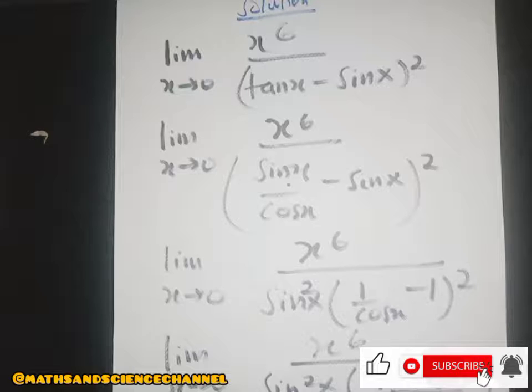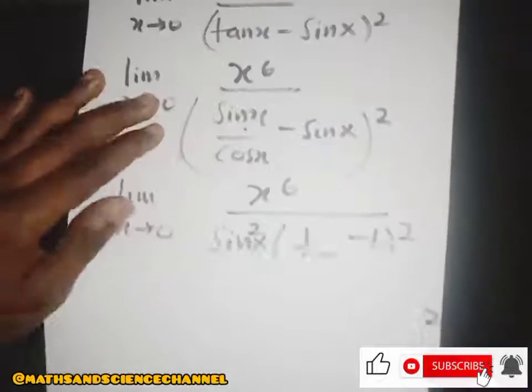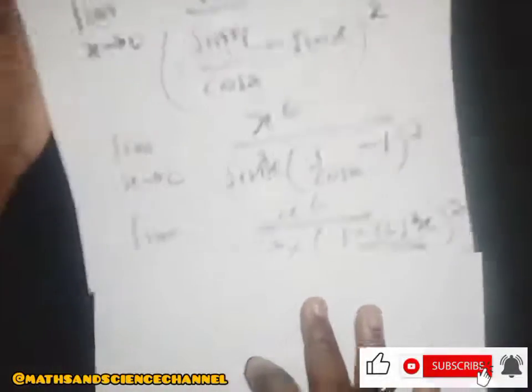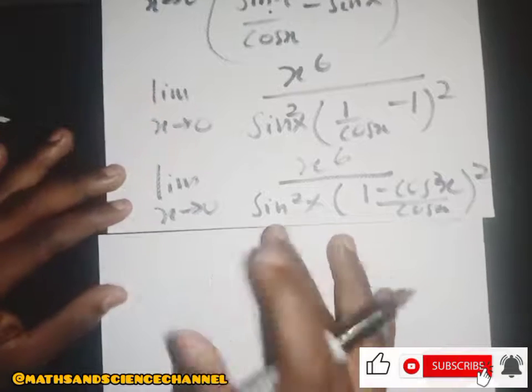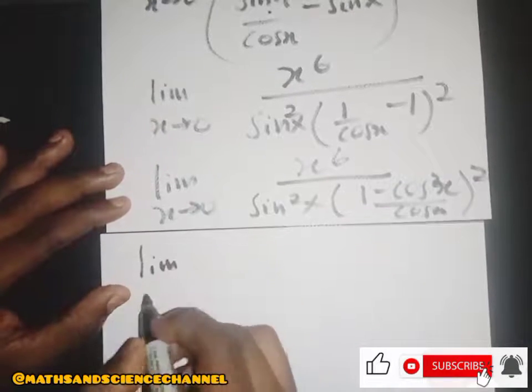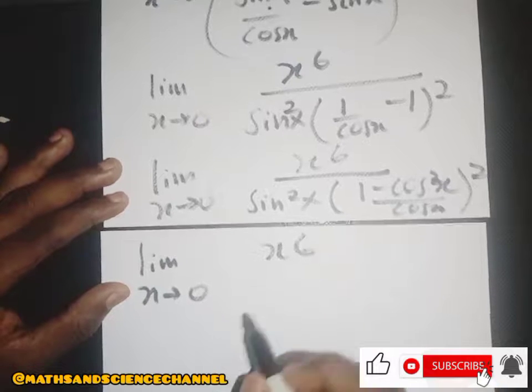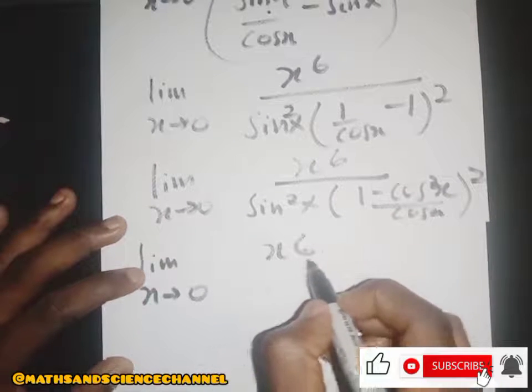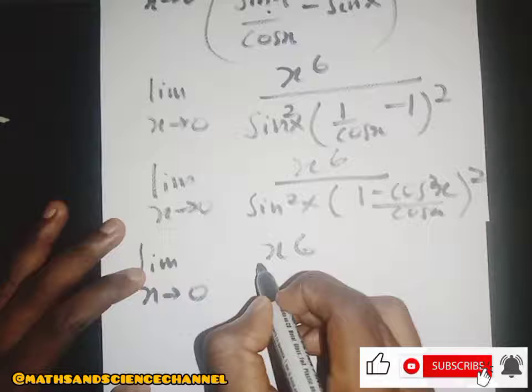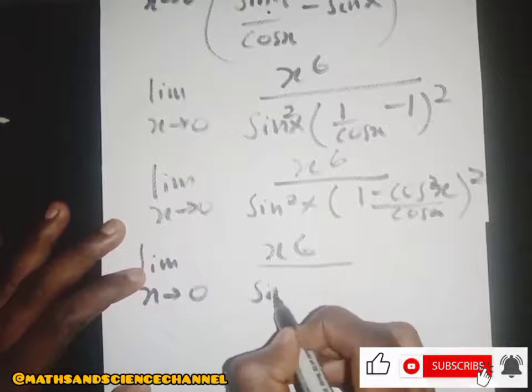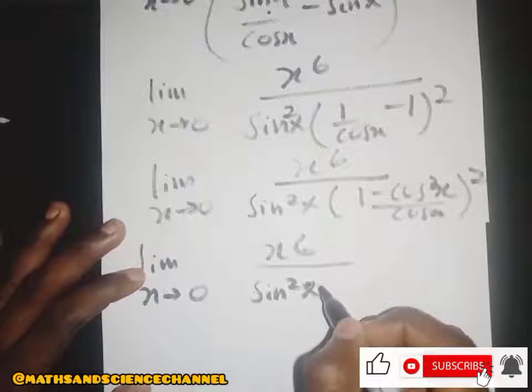So quickly let's continue here. So from here we have x approaches 0, x to the power 6, and then being divided by sine squared x.